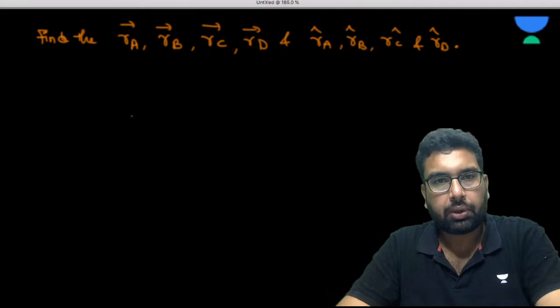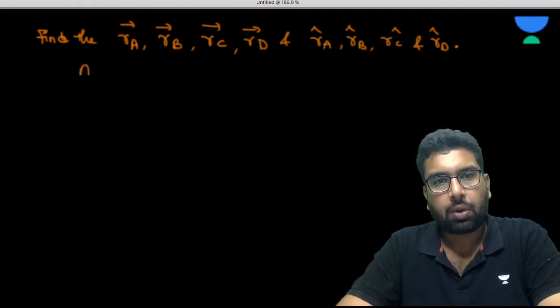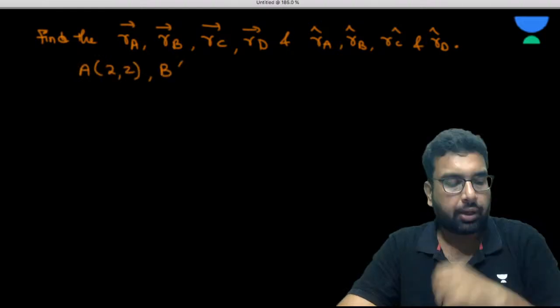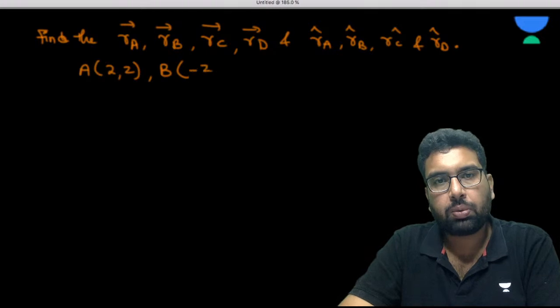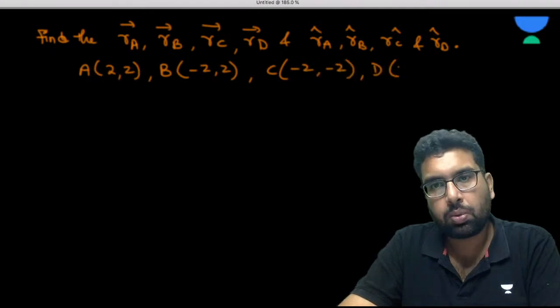Let's suppose these points are given by the coordinates: A is 2, 2. The coordinate of B is minus 2, 2. The coordinate of C is minus 2 and minus 2, and the coordinate of D is 2 and minus 2.